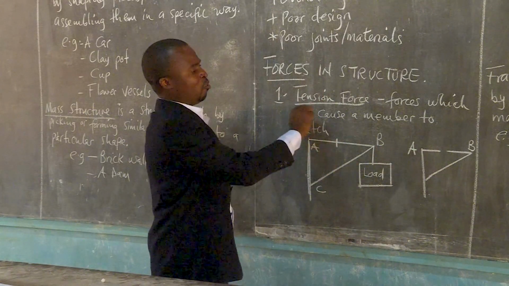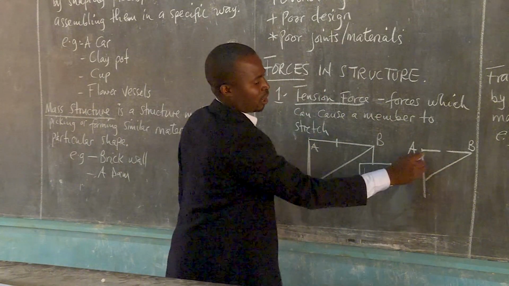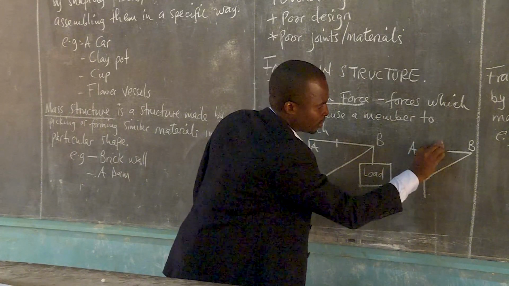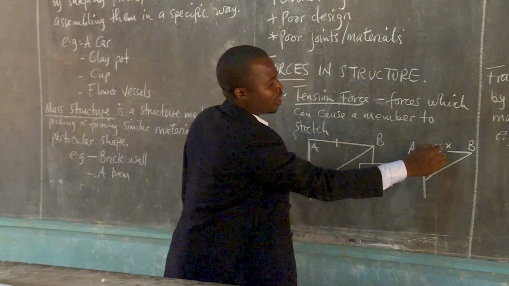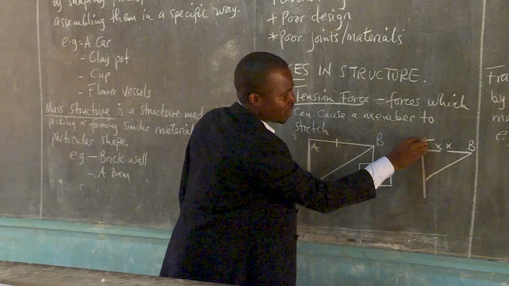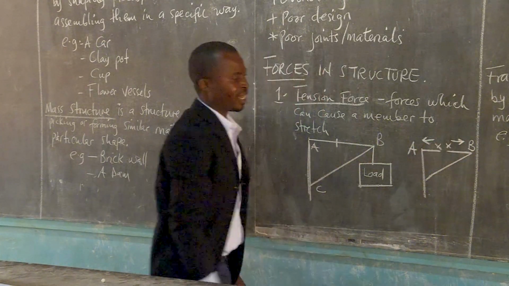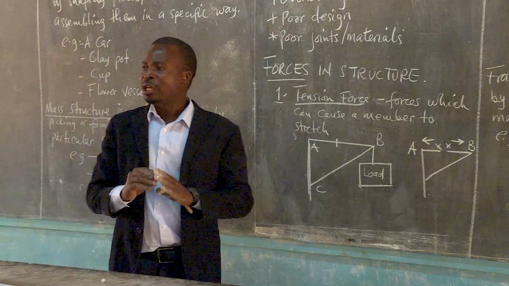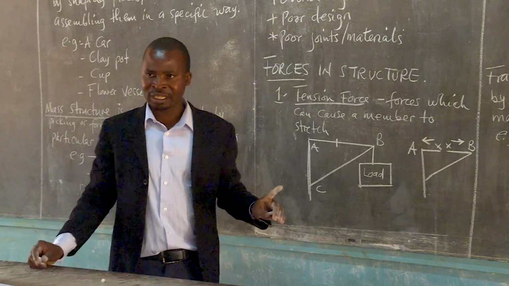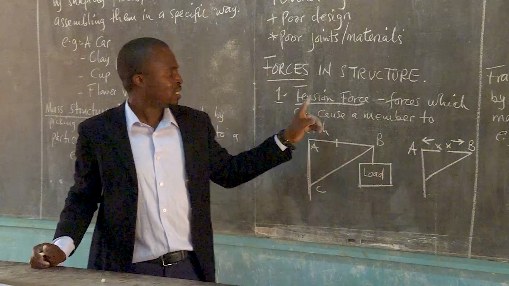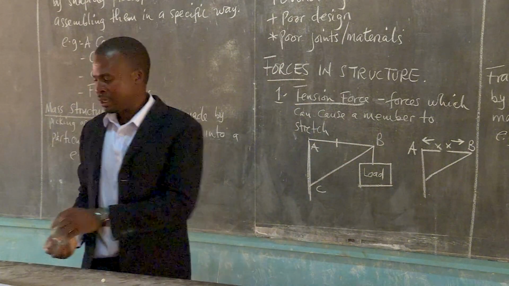The movement of these parts, for example X, will be in this direction, and when they break they will go in opposite directions. What causes this is a tension force.